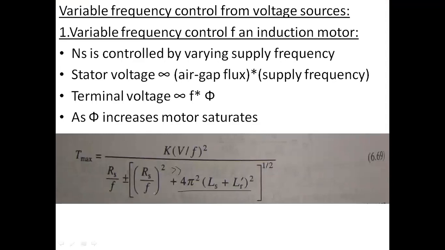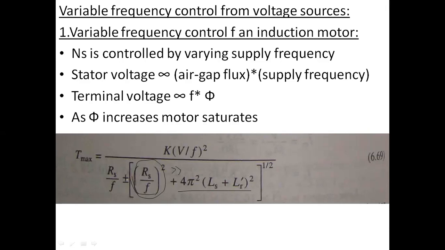This Rs by f is called the stator resistance drop. If you do not neglect this Rs by f when compared to 2 pi into Ls plus Lr dash, then the maximum torque will have a lower value in motoring operation.